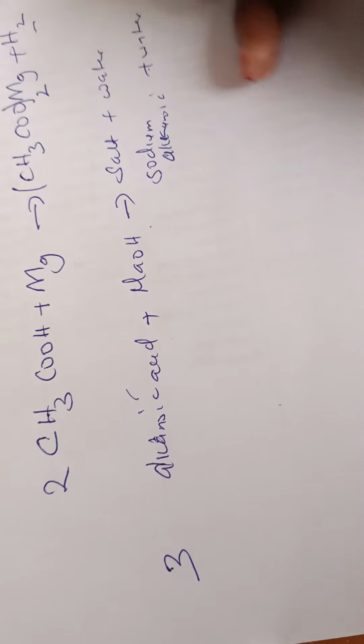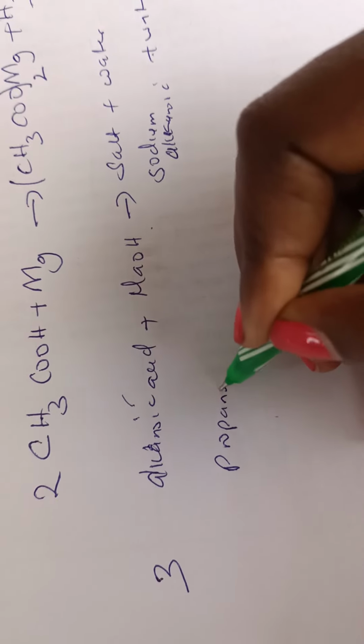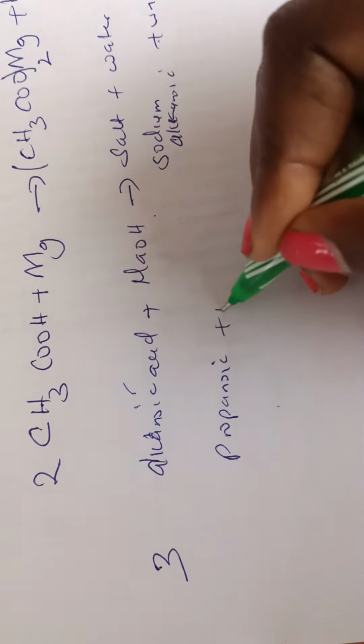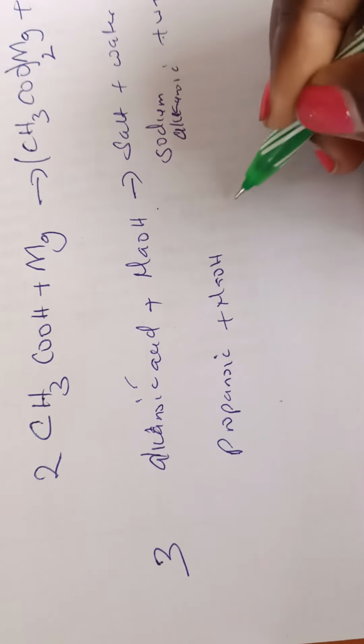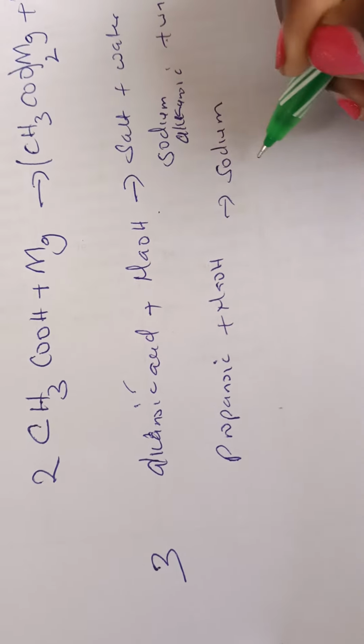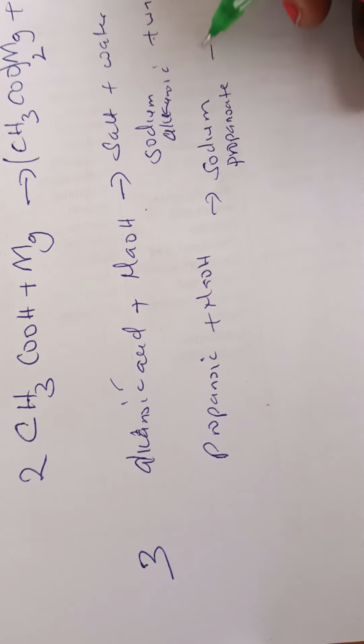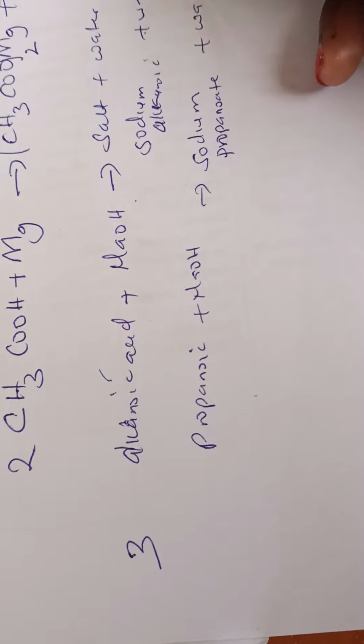For example, propanoic acid plus sodium hydroxide, and then we get sodium propanoate from the acid plus water.